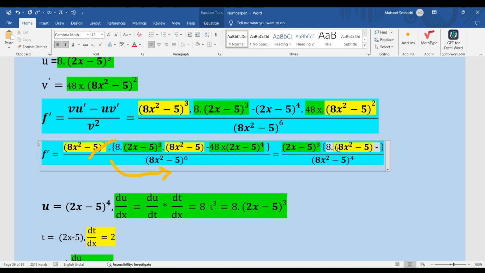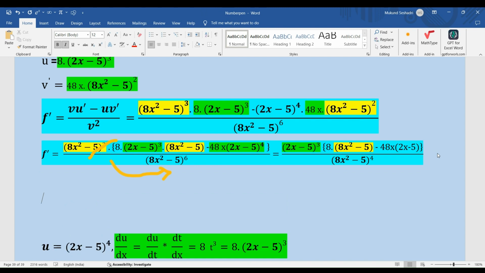And remember, folks, we still have our 48x, and then we have our 2x − 5 still, right? Because we pulled out (2x − 5) the whole cube, and we still have one (2x − 5) in the second part of the numerator, right? So I'm going to move to the next step where we will conclude what our answer is.